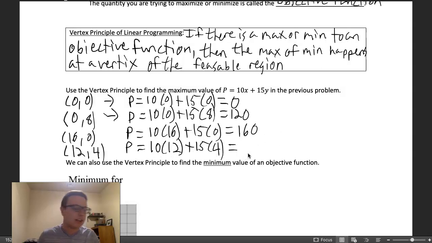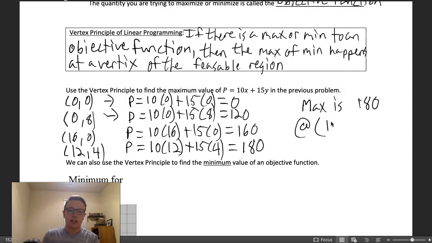Let's throw that one into our calculator, see what it is. 10 times 12 plus 15 times 4. That gives us 180. So the maximum value is 180. Let's write this out. The max is 180, and that is at the point 12, comma, 4.